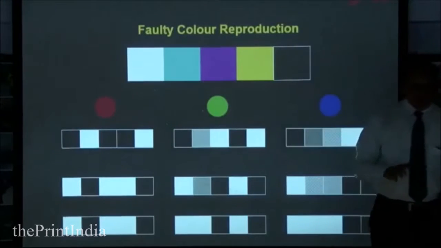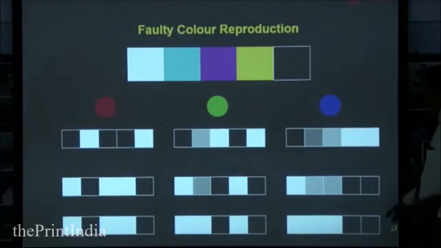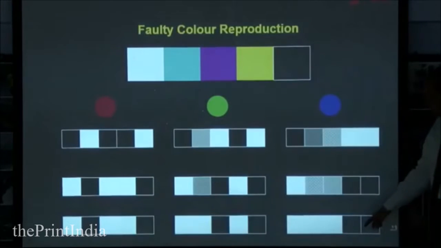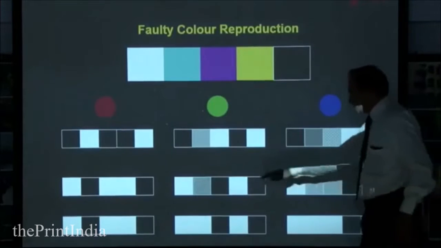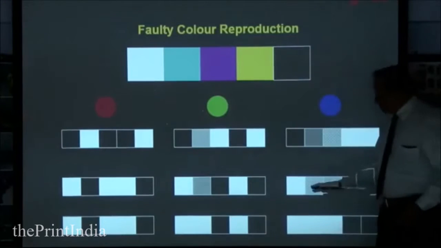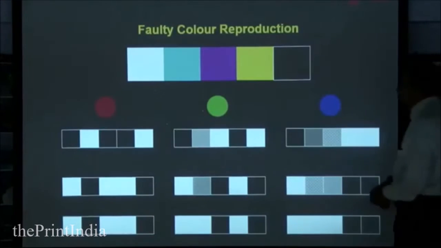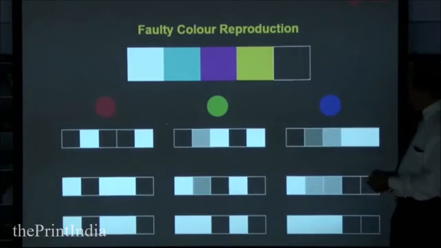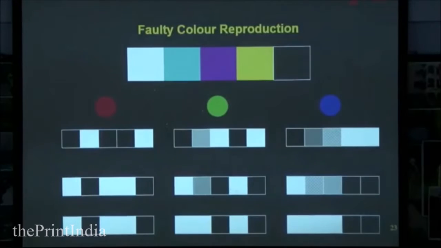So when you make the plates or the separations, they should become like this. But because of the ink deficiency, we get unwanted dots in unwanted areas. So when you combine these faulty separations and print, what is going to happen? In some areas you are going to deposit other colors, which will give you a muddy picture, a dirty picture.